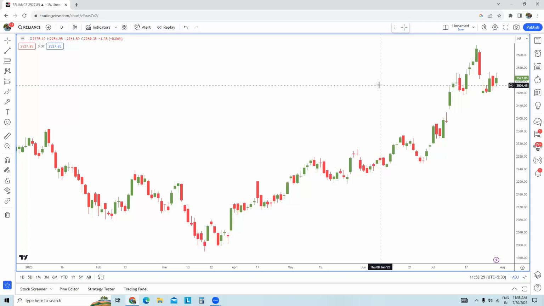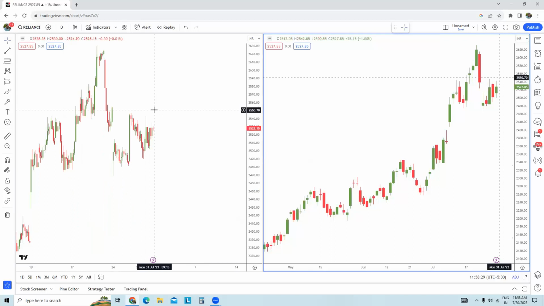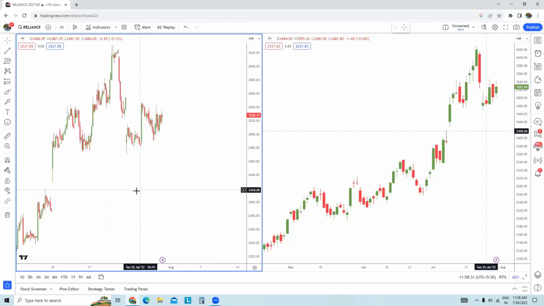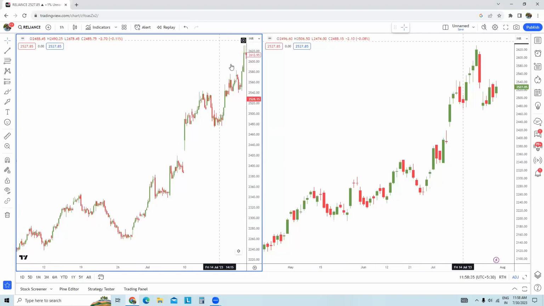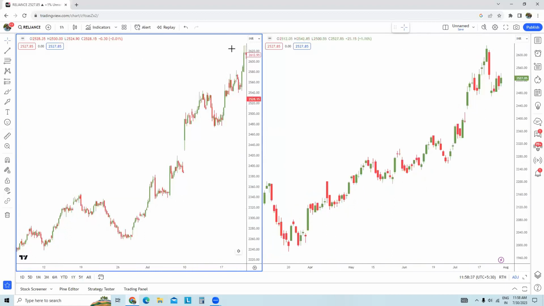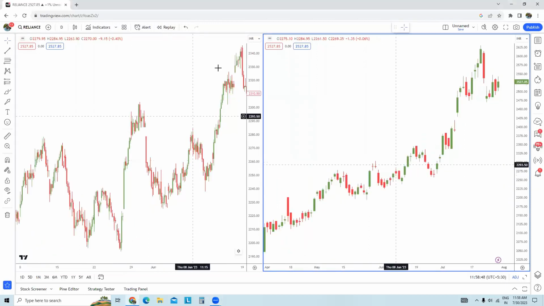Now, say for example, if you're a swing trader and you want to use multiple time frames for your analysis, how are you going to do that? Say Reliance Industries has been in an uptrend, and you would like to buy the dips. Say this is a dip and from here you want to go and buy.